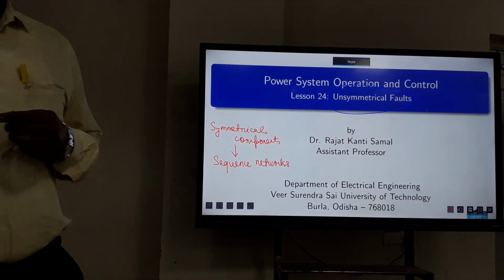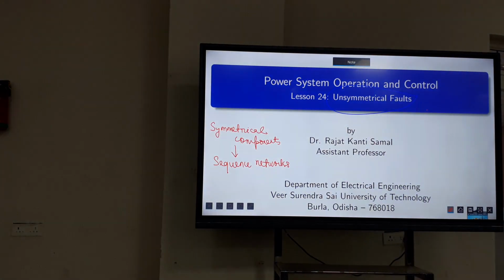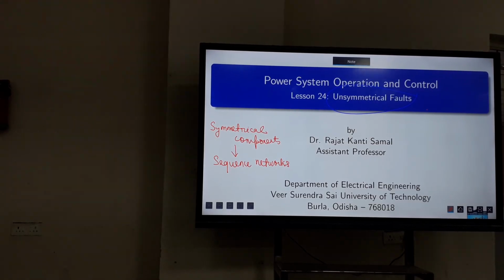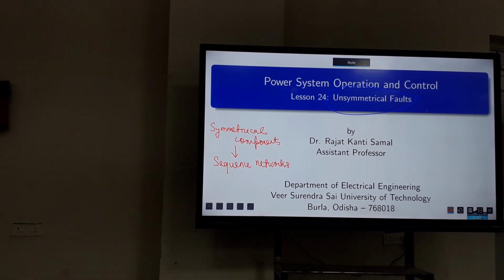What is the use of symmetrical components? Why are they used?